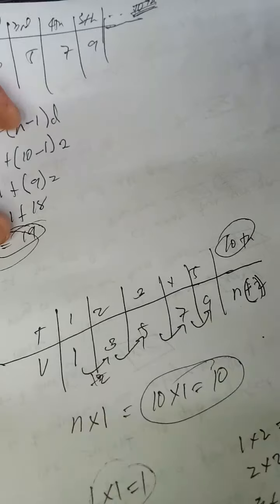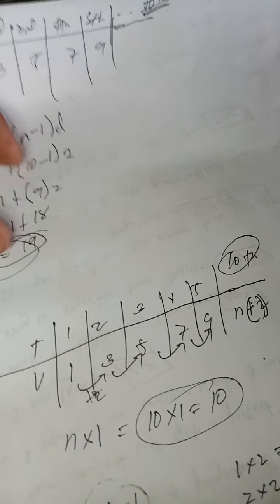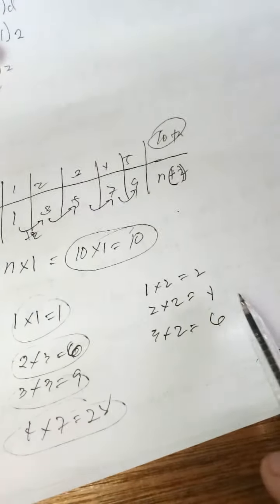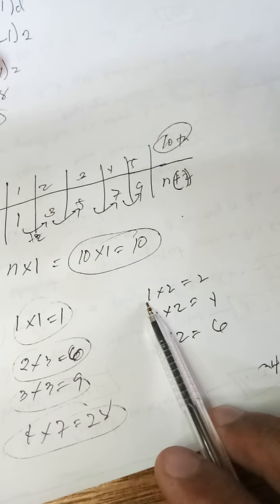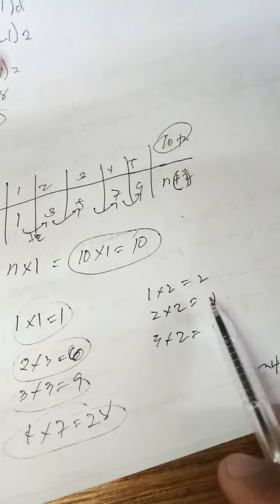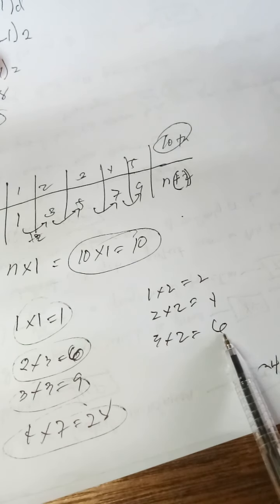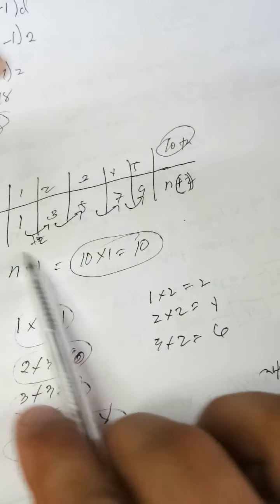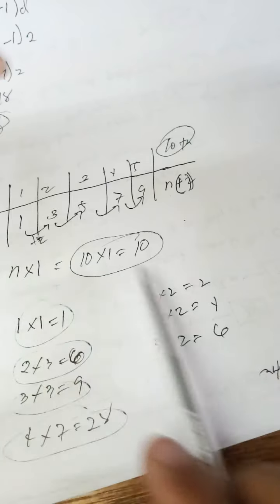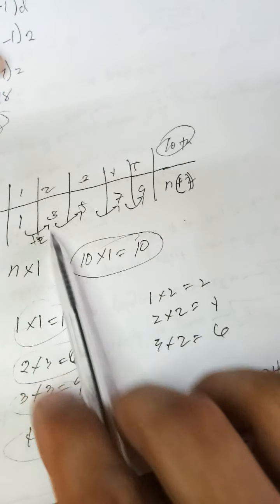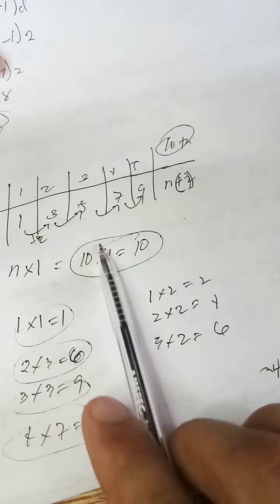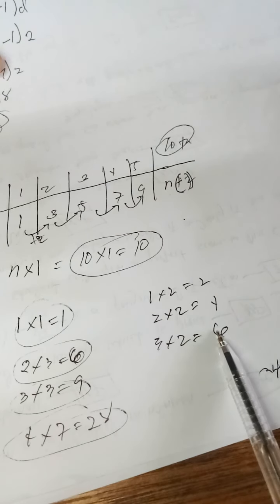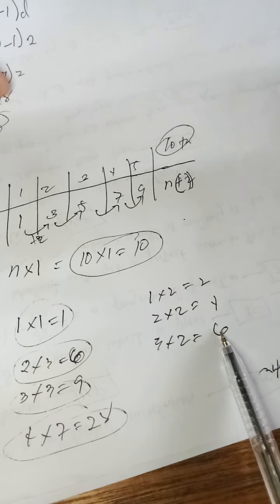Take note that the first term here is 1. So, what happened dito po sa number na ito? Okay? So, we have 1 times 2 is equal to 2. 2 times 2 is equal to 4. 3 times 2 is equal to 6. So, what happened? Parehas ba sila? Of course not. Okay? So, dito 1. Dito naman 2. Dito we have 3. Dito naman 4. Dito we have 5. Dito naman 6. So, ano yung napapansin nyo?